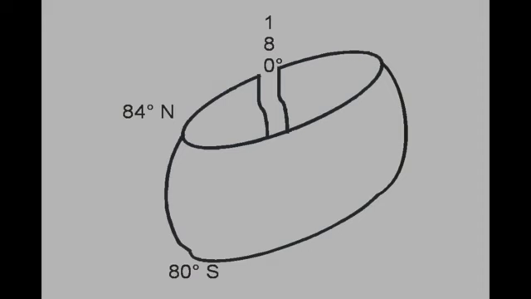When you make those incisions that we just talked about, of course what you get is a section of peel, you might say, from the earth that looks like this. The top of the peel was the 84 degree north latitude line, the bottom of the peel is the 80 degree south latitude line, and you can see that the peel is split at 180 degrees east-west longitude.